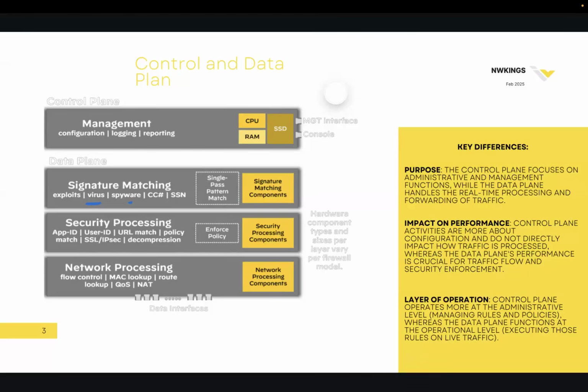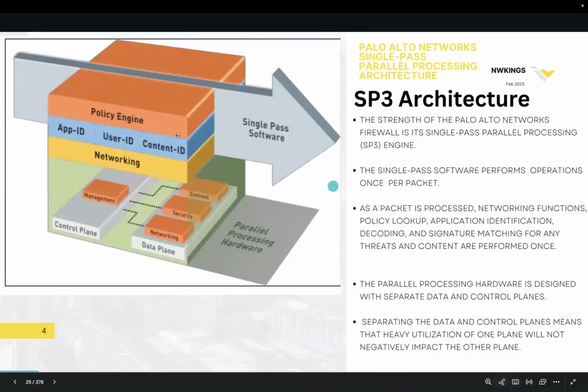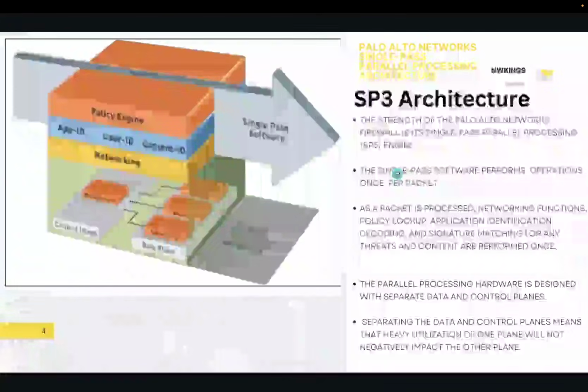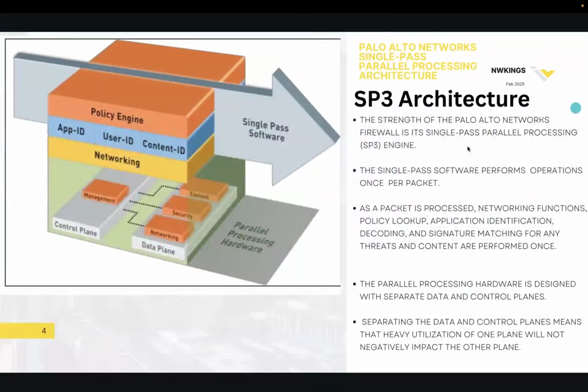Apart from that, NAT translation, routing, QoS, lookup, anything is taken care of by the data plane. So this is the segregation of different types of traffic based on the control plane and data plane. Why is it important to understand control plane and data plane? Every firewall has a different architecture.